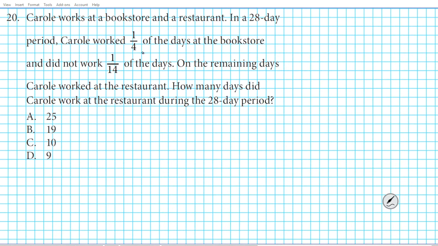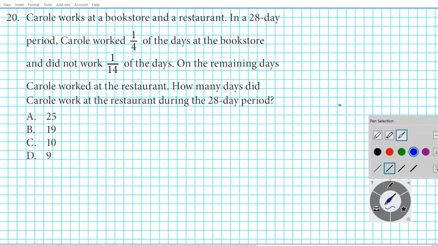Okay, so in this particular case, we're going to determine the number of days she worked at the bookstore, the number of days she did not work, and then we'll subtract them from the total number of days to get the number of days that she worked at the restaurant.